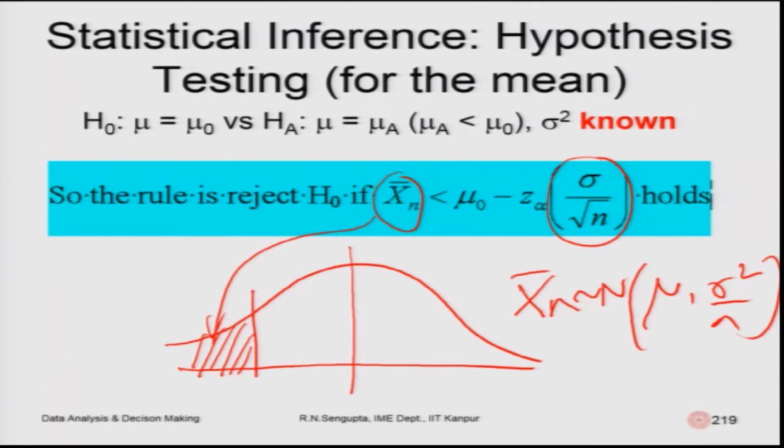Hence, when you convert it to a z normal value, it will be x bar n minus mu by sigma by square root of n. So, hence this is going here.